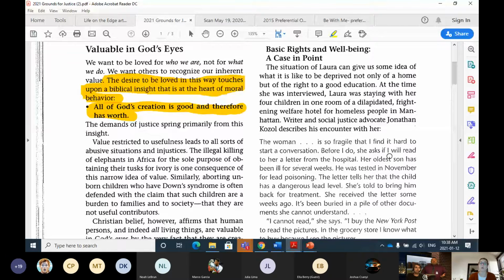Like in Laura's story, the fact that she couldn't read meant she was unable to care for her family properly, and so now her children are being deprived of certain survival rights because Laura was deprived of certain thrival rights. So you can see how sometimes they're connected. Does that make sense? Do you guys have any questions about that? No, everybody's good?